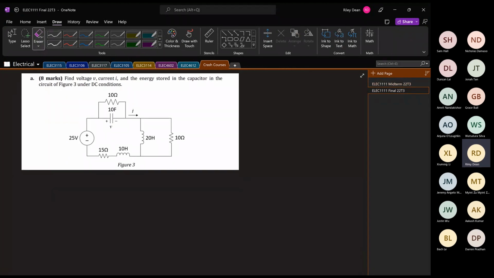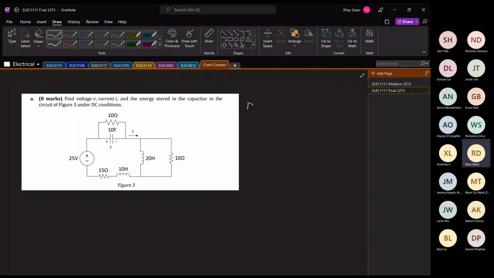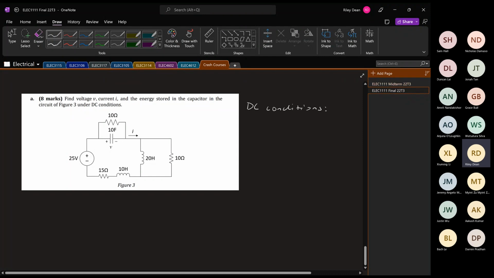So first, it's worth noting what happens under DC conditions to the inductor and the capacitor. What does a capacitor look like in a steady state?